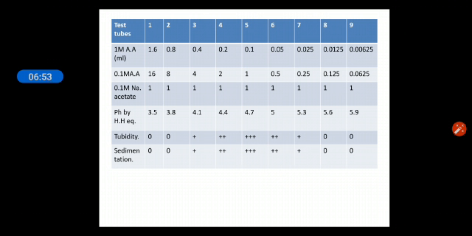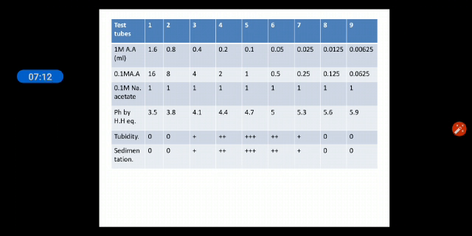Similarly, up to test tube number 9 the amount of acetic acid is written, successively diluted, and in each succeeding test tube it is diluted by a further half.